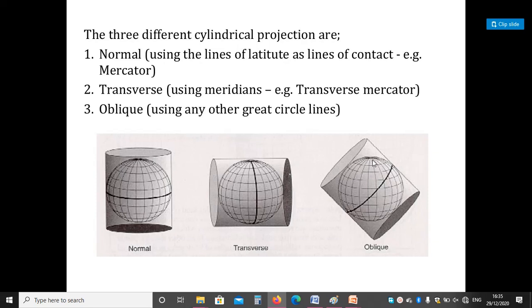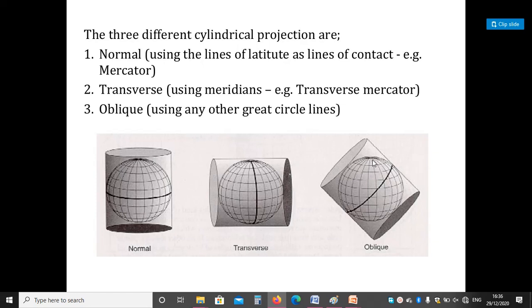Whenever you cover the paper around the globe, the curvature of the surface of the earth is converted to a flat surface. Whenever this occurs, there will be some distortion in that area. The distortions are in shape, angle, size, or scale.